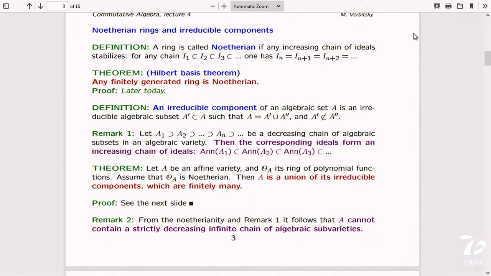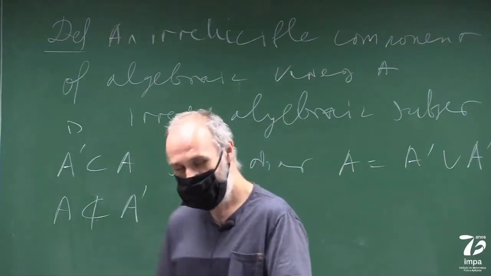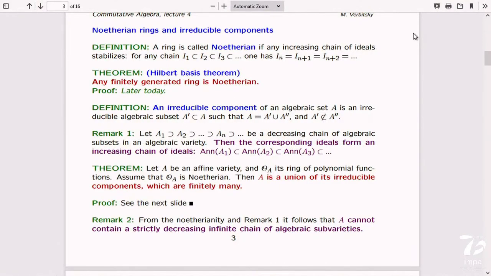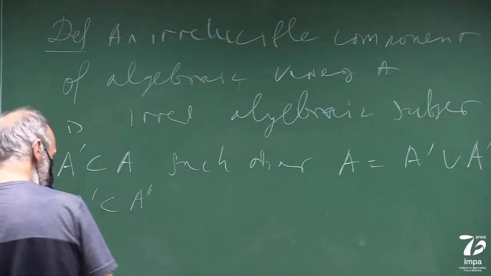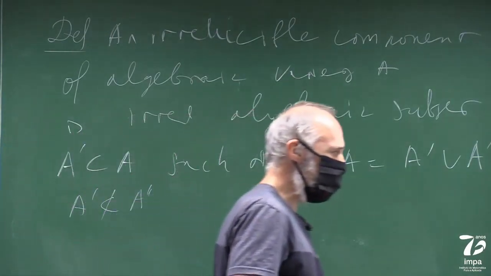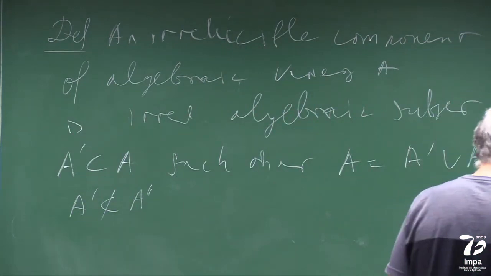So this is strictly smaller. Well, sorry, the last condition should be that A prime doesn't belong to A double prime, of course. Otherwise, you could consider a line inside C2, and this would be a bad condition.